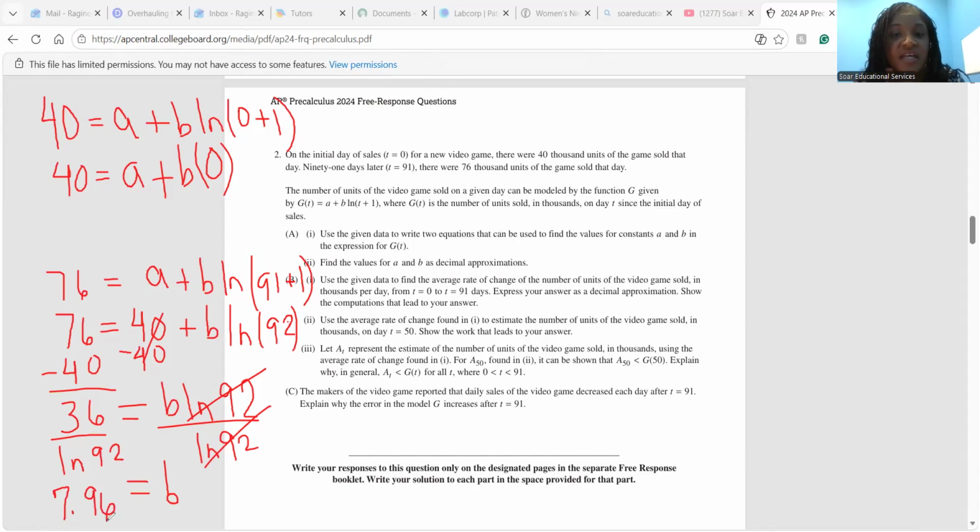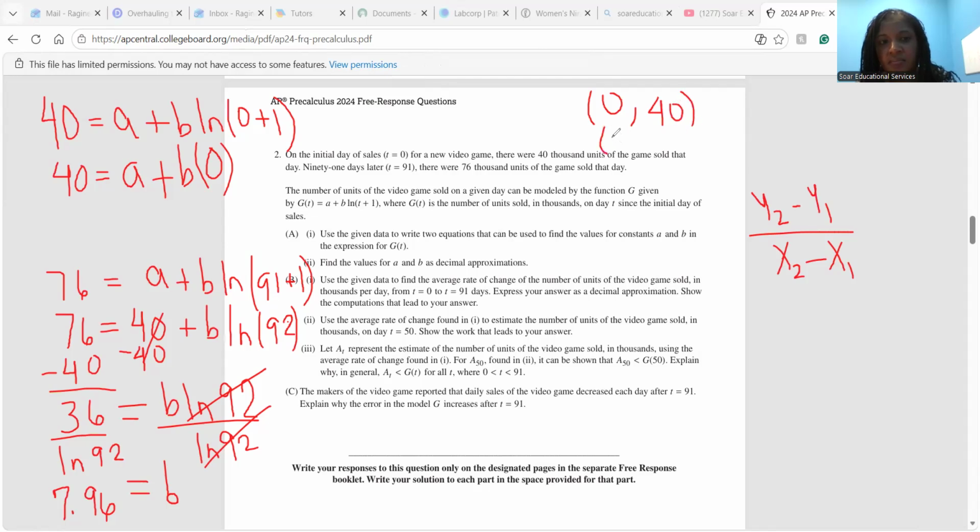Now the next part says use the given data to find the average rate of change of the number of units of video games sold in thousands per day from t equals 0 to t equals 91. Whenever they're asking for average rate of change, you're just finding the slope. So we'll use y2 minus y1 over x2 minus x1. You can write this as ordered pairs. On day 0, we have sold 40,000, and on day 91, we have sold 76.